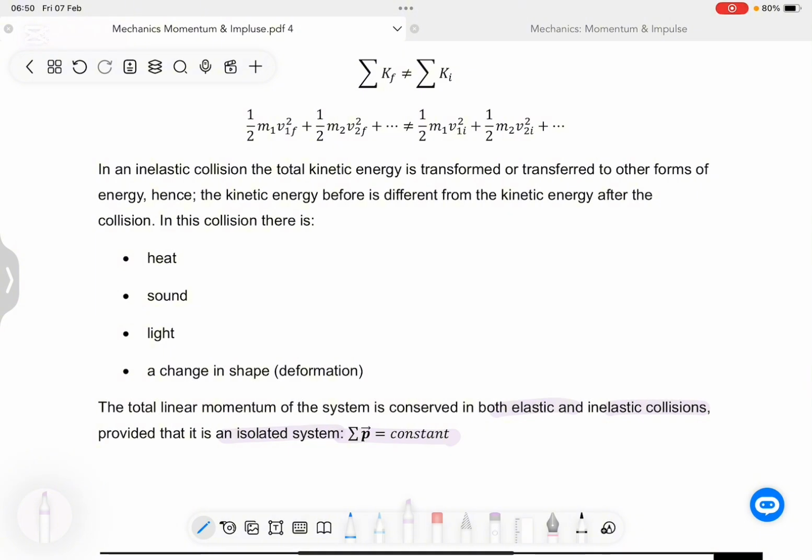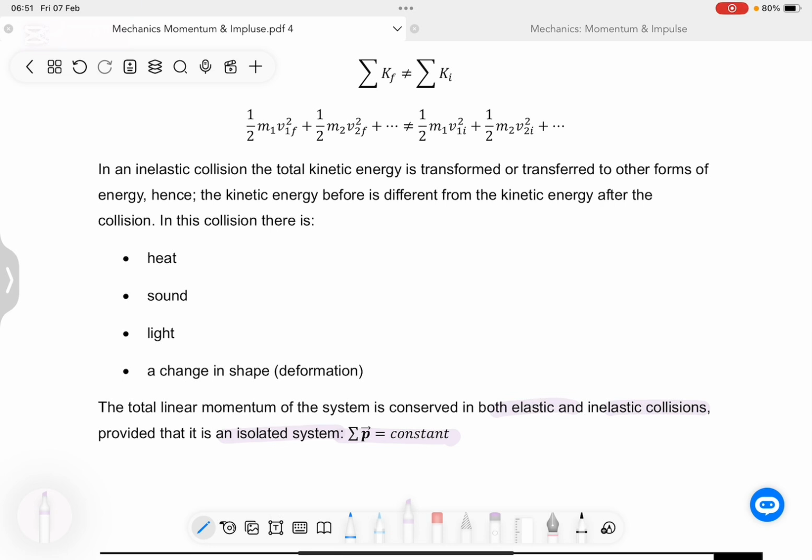So it is very important to see that the collision can be elastic, but the momentum is always conserved. It can also be inelastic, but the momentum will also be conserved. The only condition to the momentum being conserved is that the system has to be isolated, meaning there should be no net external forces acting in the system.